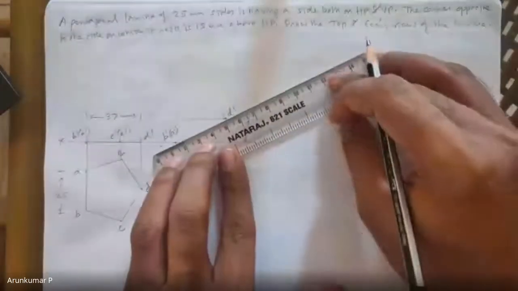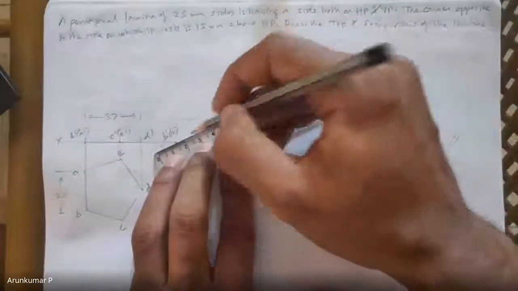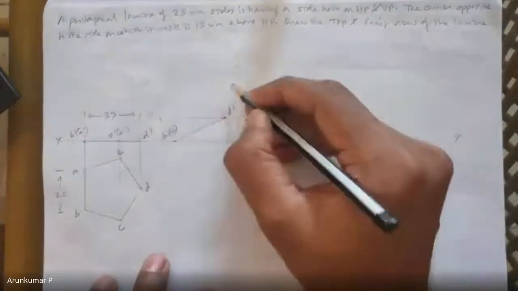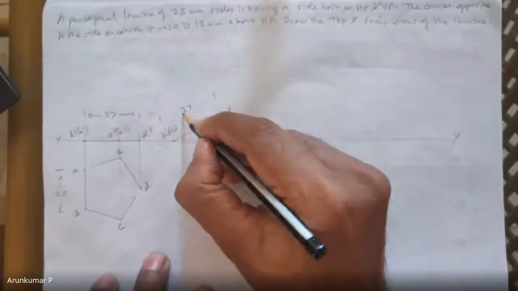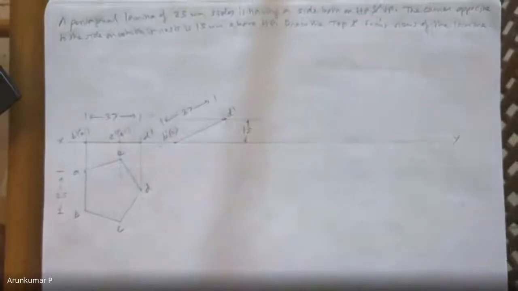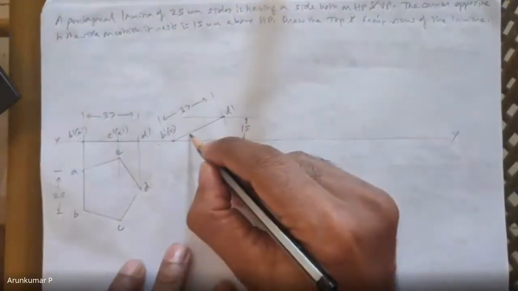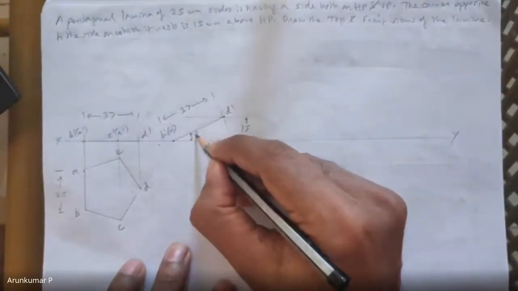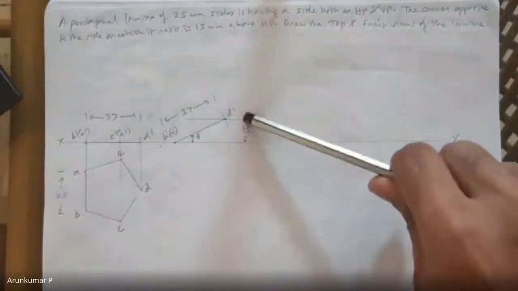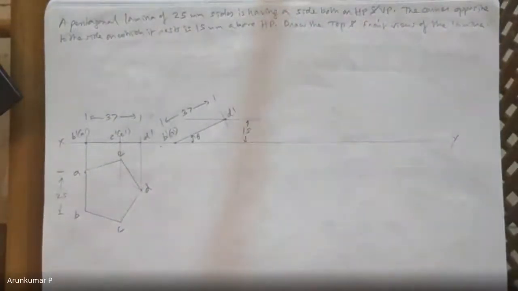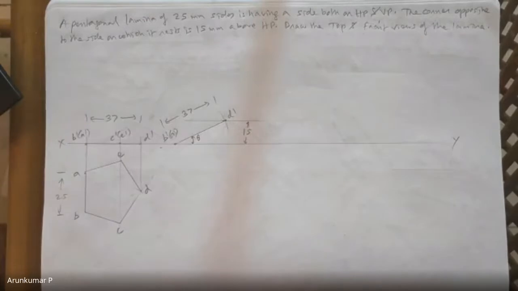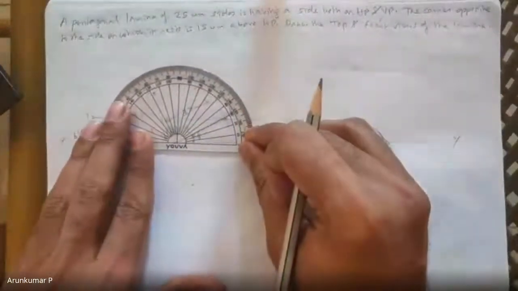Now if you join B dash, A dash and D dash, you will get a 37 mm line, the front view, inclined by the theta angle, 15 mm above the XY line or 15 mm above HP. And I think the theta angle also you can find out, it will be around 23, 24 degrees.